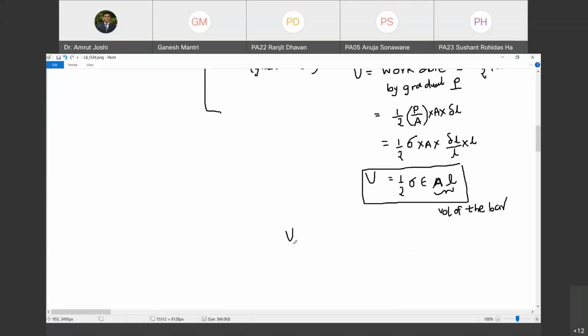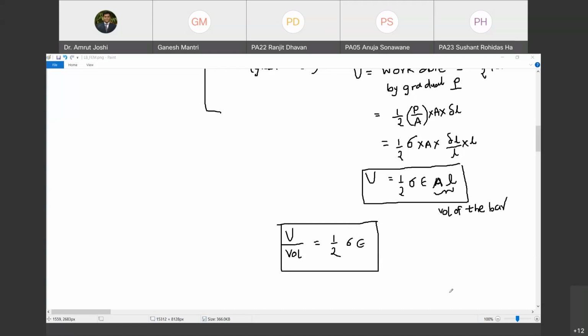How much will it be? Half stress into strain. Do you agree with me? Yes, sir. So just remember this expression. Strain energy stored in the body per unit volume is given as half stress into strain.